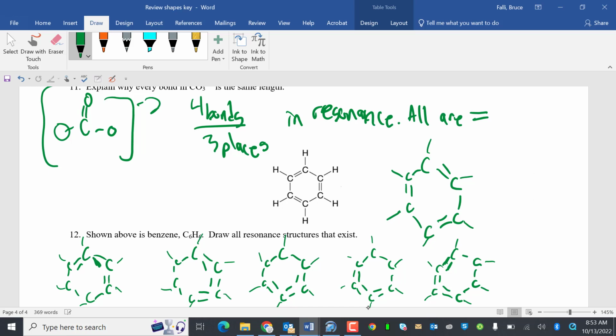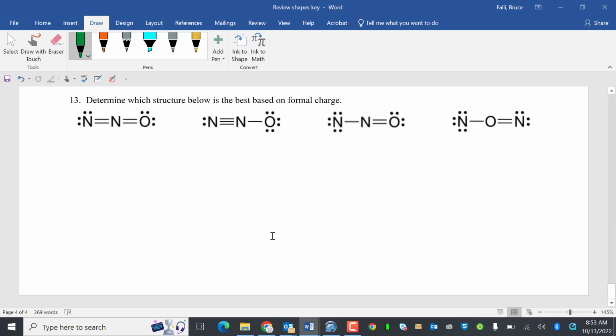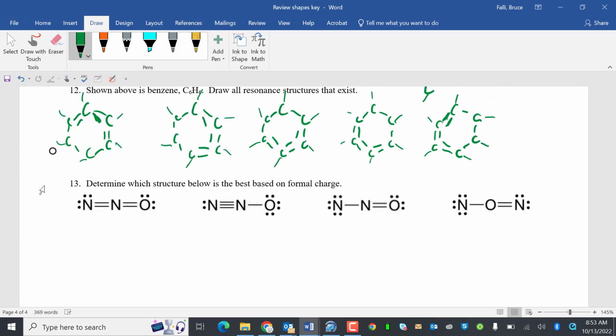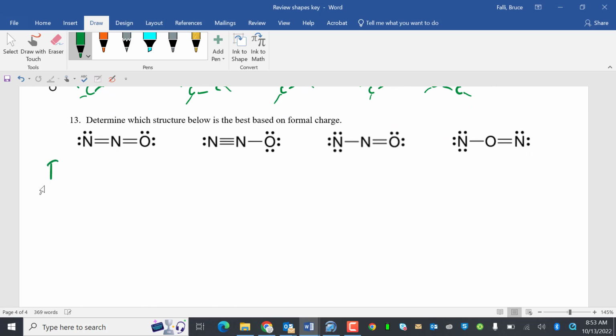So let's see. Oh, we got one more question. Determine which structure below is the best based on formal charge. So let's find the formal charge of each one. I wrote my formal charge a little differently than I usually do. Formal charge is valence electrons minus dots minus bonds.